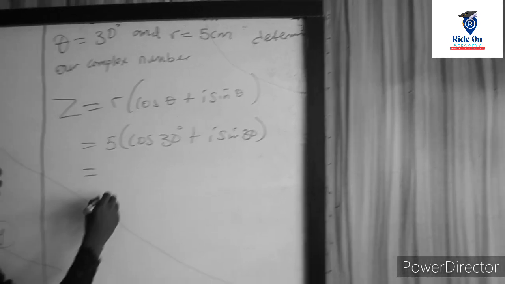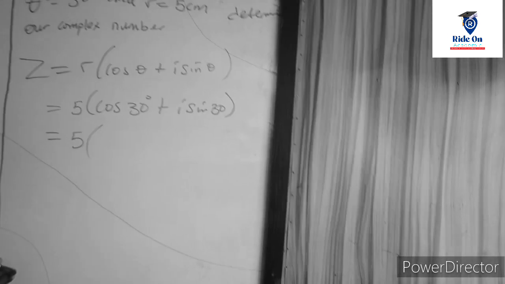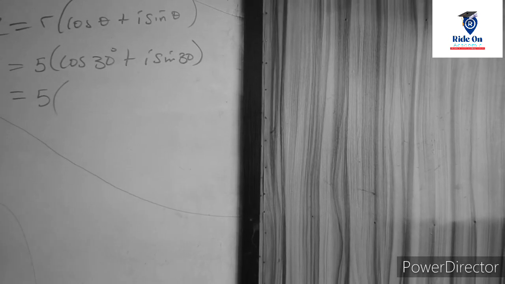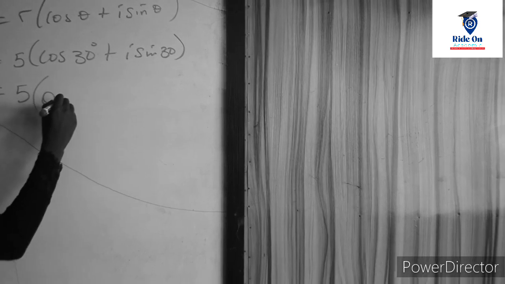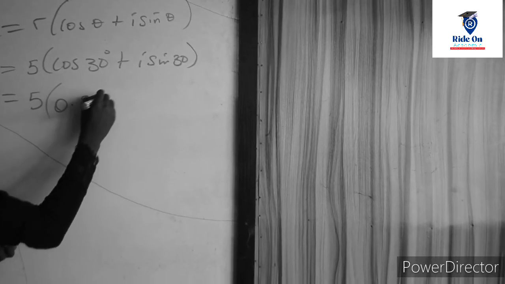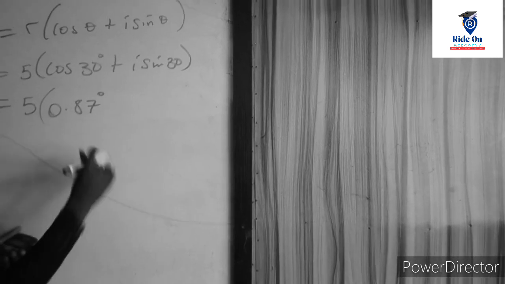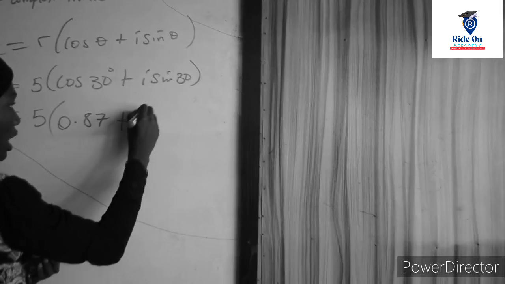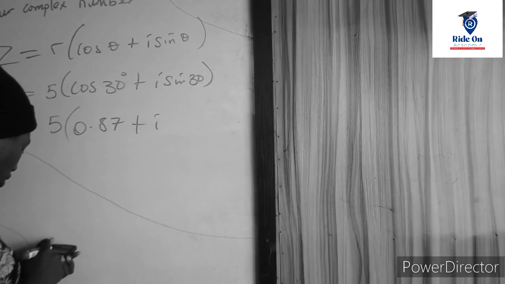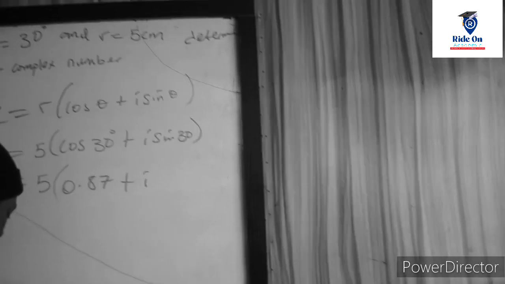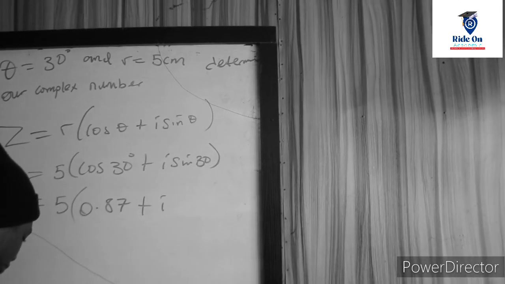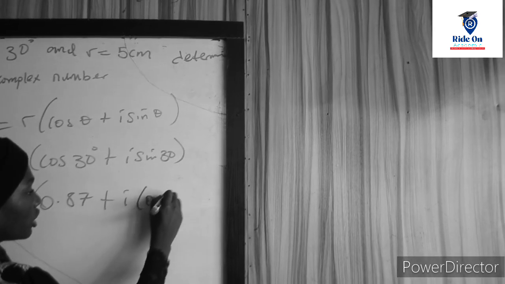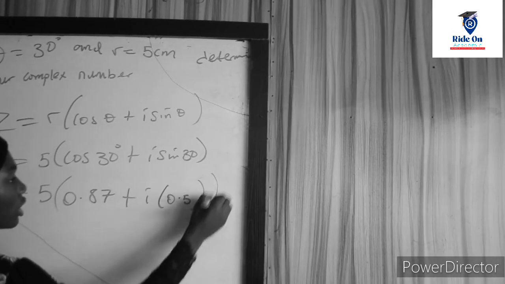Okay, that will give us 5 (cos 30 degrees, which is 0.87 approximately, plus i sin 30, equal to 0.5). Okay.